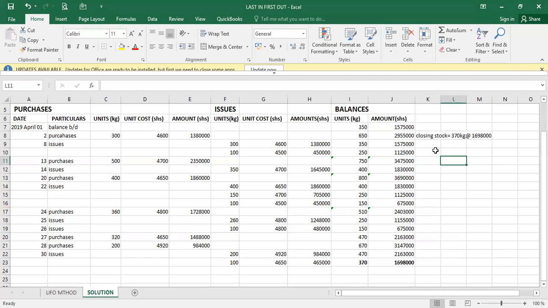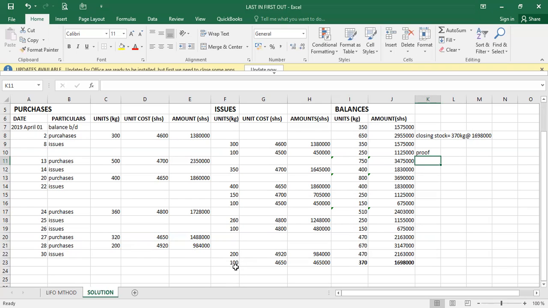So if you want to prove that what we did is okay, we get the proof from here. Remember this one, we issued it out here. The only stock that is remaining is the one we purchased on the 27th.